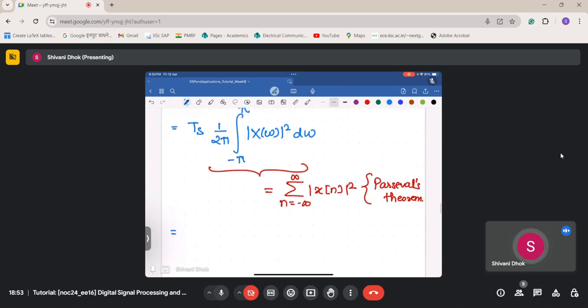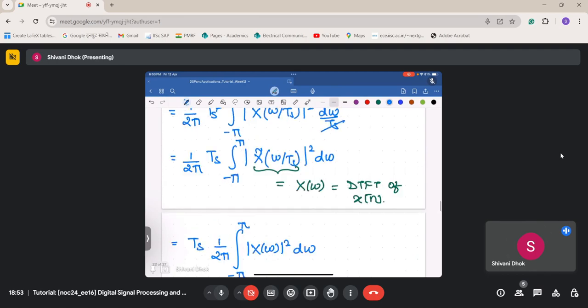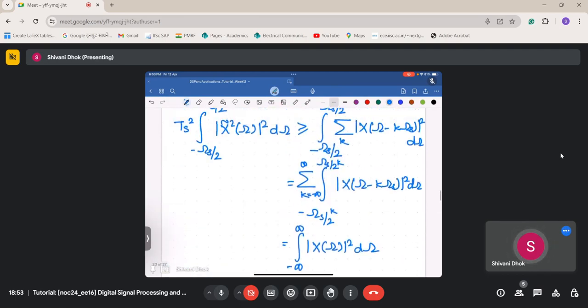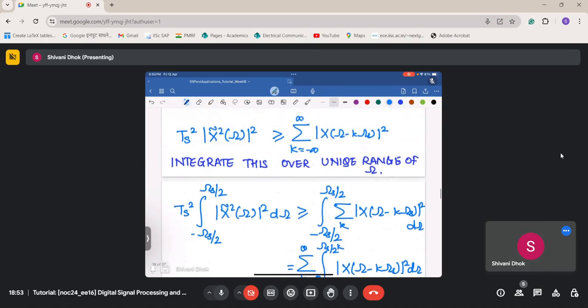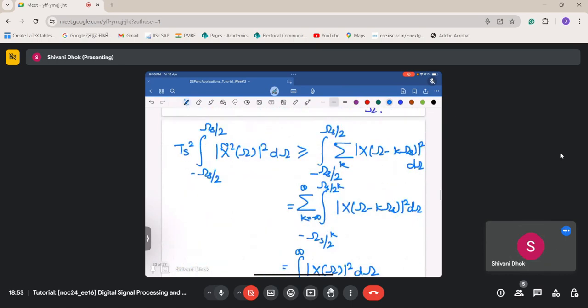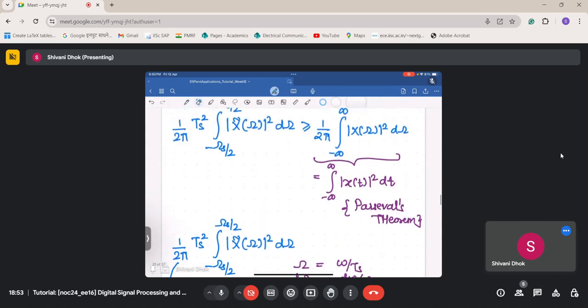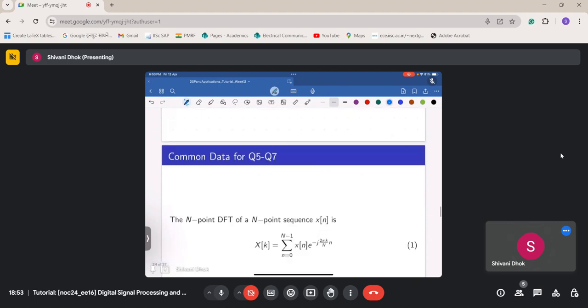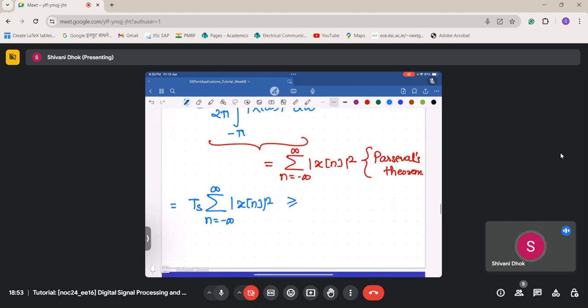So therefore, this thing here is equal to Ts into the summation n running from minus infinity to infinity of magnitude of x[n] square. And this thing we had obtained as greater than or equal to the integral minus infinity to infinity magnitude of x of t square dt.